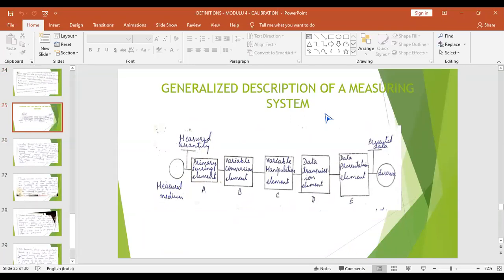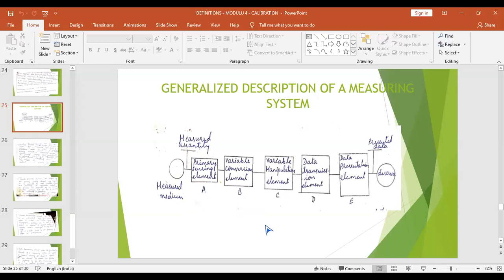With respect to the generalized description of a measuring system, you see how the deformation takes place in the component. Due to the deformation, strain is induced in the component. First, the measured medium, that is the strain gauges.